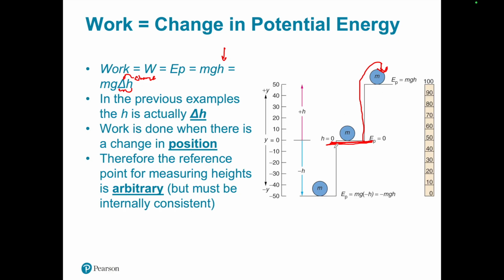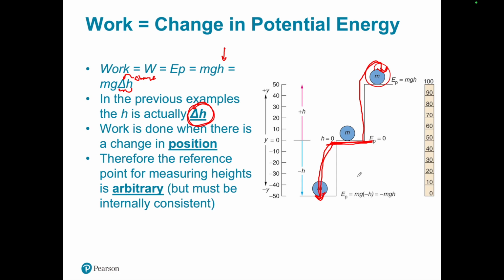But say you dug a hole, and you dug a hole 50 feet deep. Well, you would still have the same potential energy as if you were up here, because you did the work to go dig down to 50 feet. And so it's not just really about the height, but it's about the change in height. How much does that ball or that object or you have to fall?